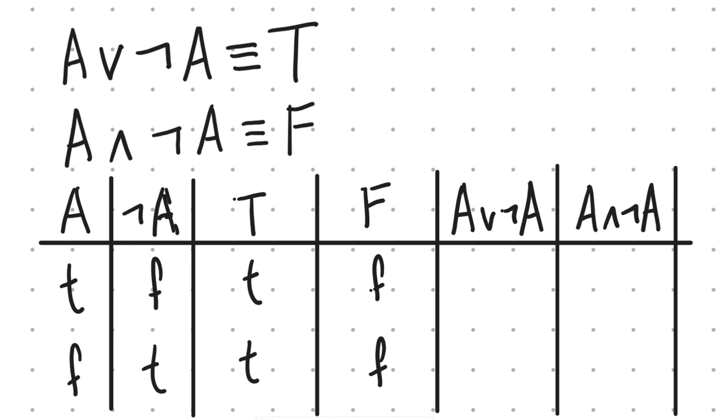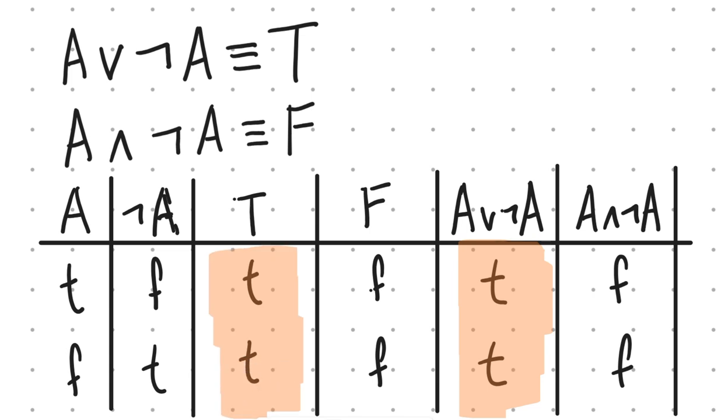Let's see A or not A, which means one should be true such that everything is true. So we see this is true and this is true. And this should be false and this should be false too. Since if we have A and not A, one of them should be false, so that everything is false. And you see one of them is false, so everything is false. Okay, so we see A or not A is equivalent to saying it's true, and A and not A is equivalent to saying false.